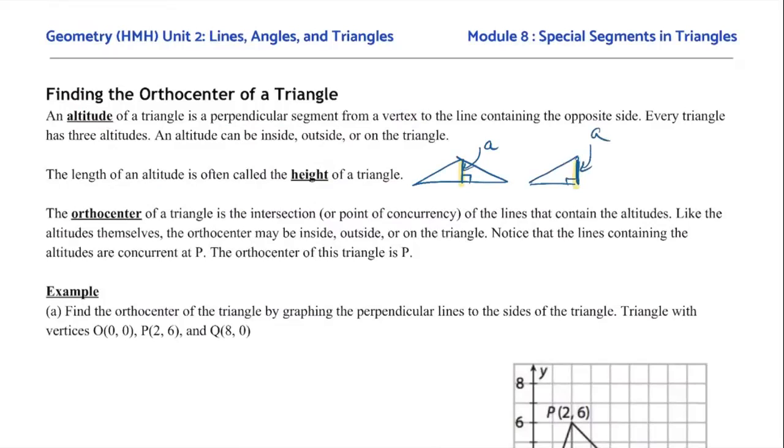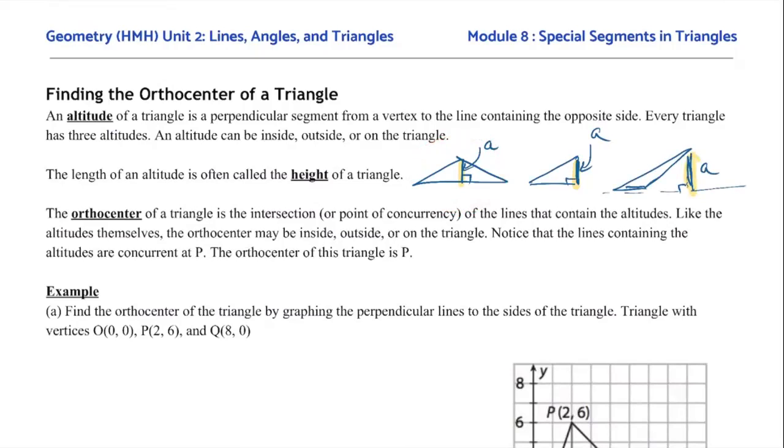So in the first case, the altitude was inside the triangle. In the second case, the altitude was outside the triangle. And you could tell this is obtuse, right? If you rotate it sideways, it may look like this, and then if you drop the height to the opposite side, like this, that right there is the altitude. So altitude could be inside, on, or outside of the triangle.